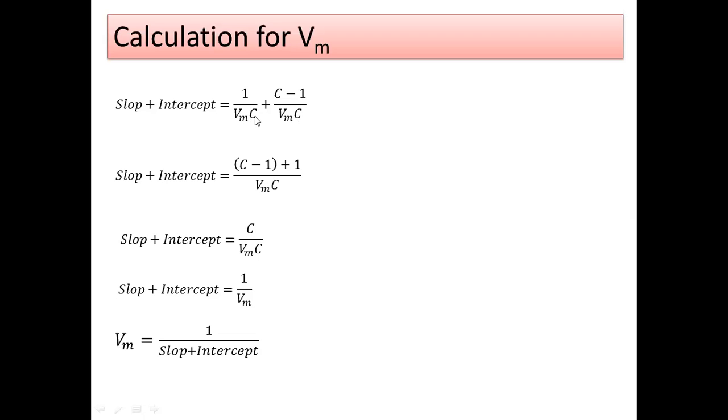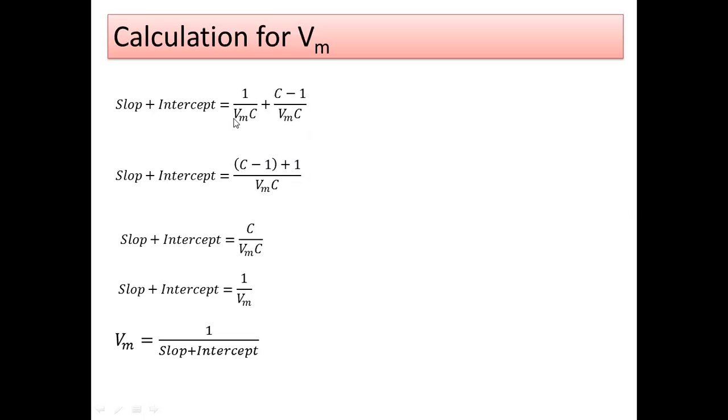Because in the denominator these are the same, so you can take the LCM as VmC, and VmC is going to cancel out. One is left. And when you take the reverse of this one and multiply, VmC divided by VmC is 1, 1 multiplied by 1 remains 1, and 1 multiplied by C minus 1 will be C minus 1.